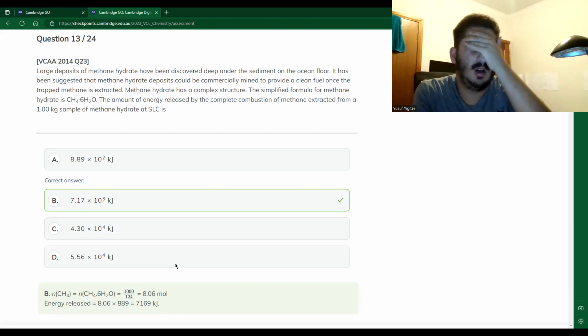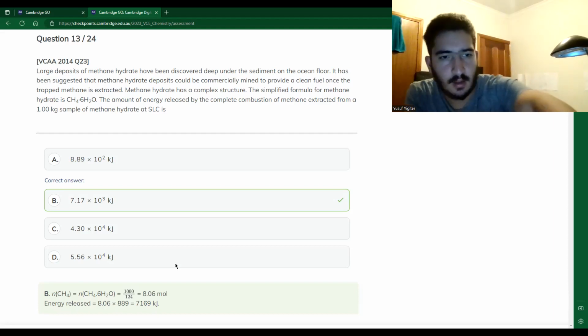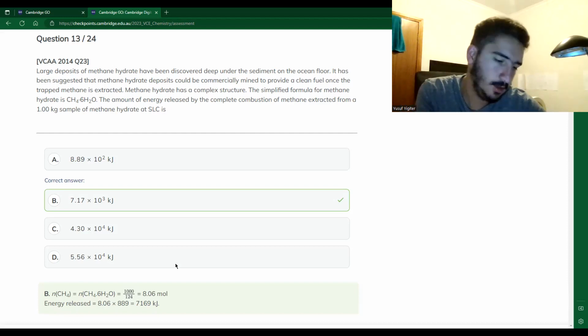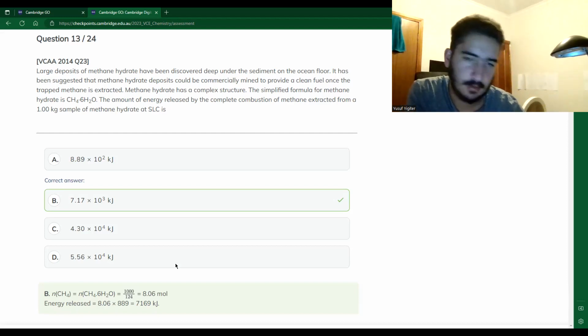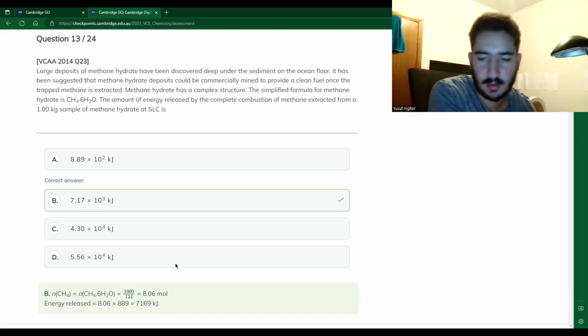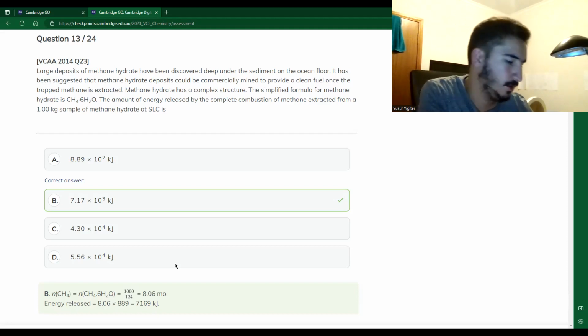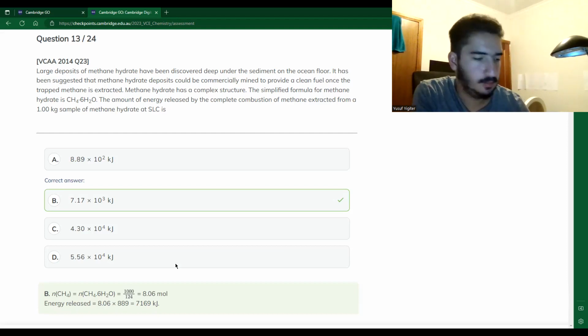That six right there is timesing of the hydrogen and the oxygen. I completely forgot about that. I can't believe it took me like half an hour to figure that out. So 8.06. Okay. Now the complete combustion, that's given to you, which is 890. Times by 890. And there you go.